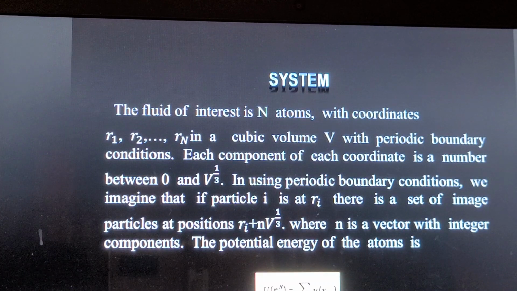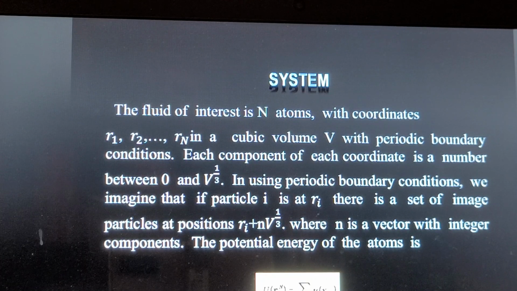So the system, for example, the fluid of interest, is N atoms with coordinates R1, R2, ..., RN in a cubic volume V with periodic boundary conditions. Each component of each coordinate is a number between 0 and V^(1/3).